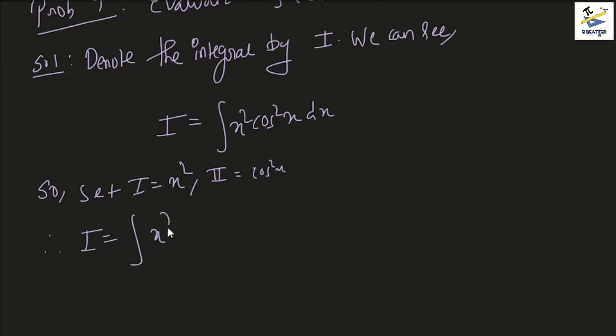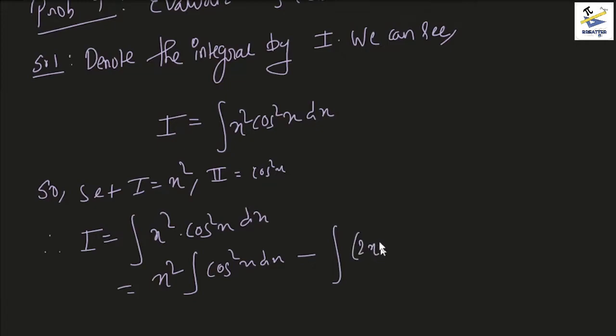I equals the integral of x square into cos square x dx, and by IBP, I will write it down in the end: x square into the integral of cos square x, minus the integral of d/dx of x square, which is just 2x, times the integral of cos square x dx. This is by IBP.